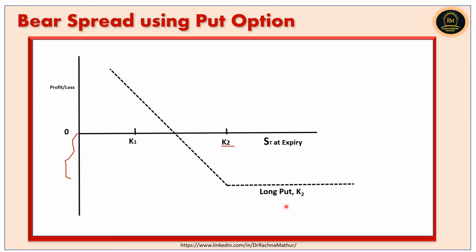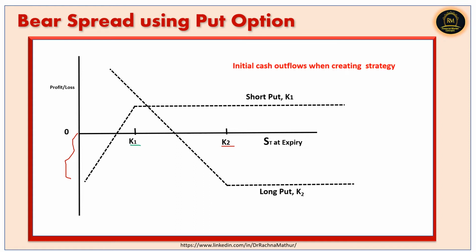To ensure the portfolio profit, we take one short put position. We short a put at a lower strike of K1. So that means you are selling at a low price and buying at a high price. That requires initial cash outflow when you create a strategy.